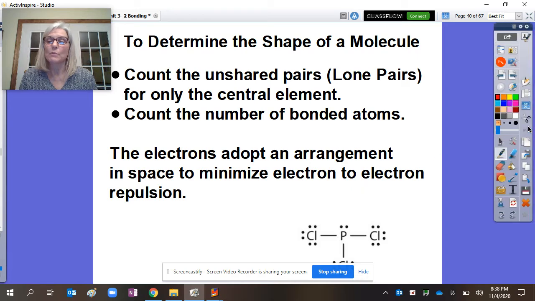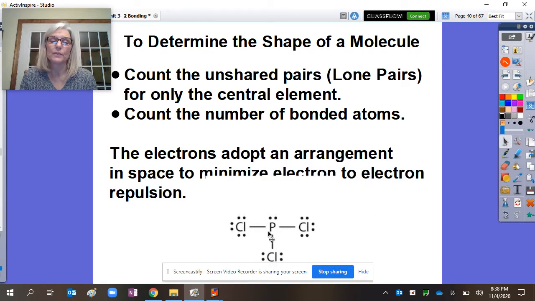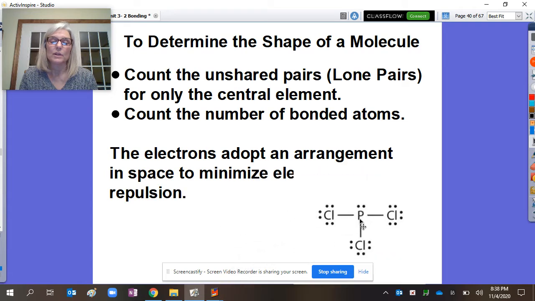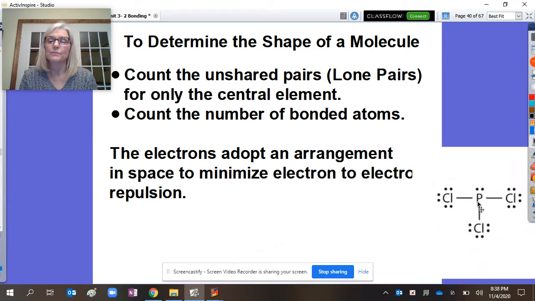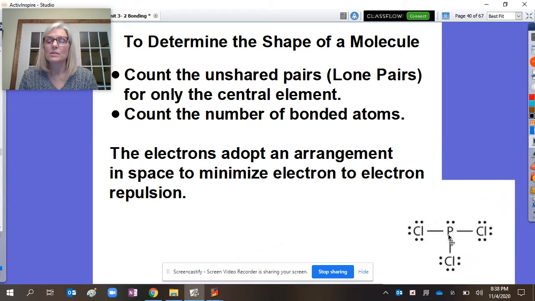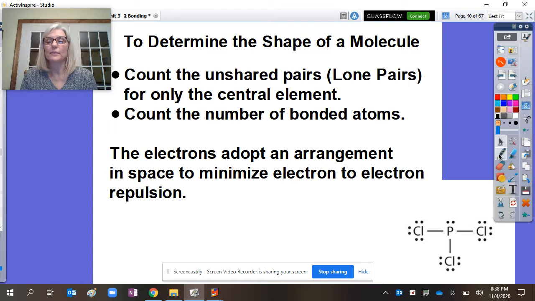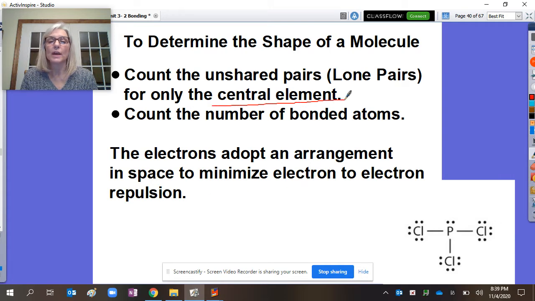For example, here I've got a model right here. Trying to get it so you can see it better. This is an electron dot structure, and we're going to first count how many unshared pairs we have. And remember, we're only counting it for the central atom.